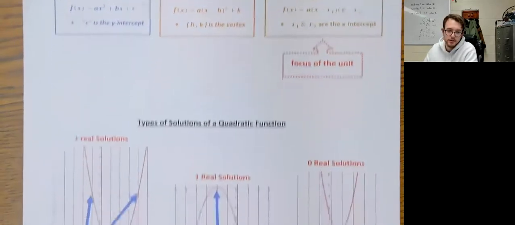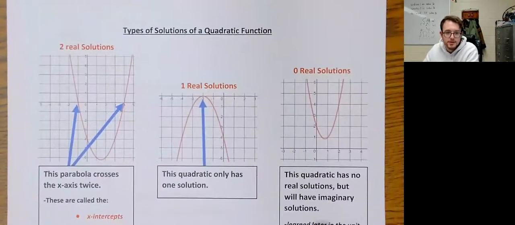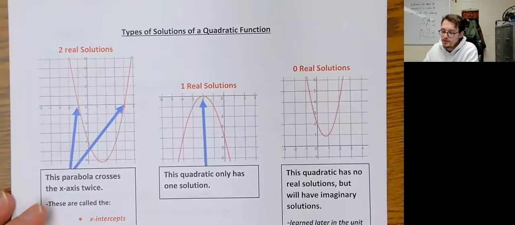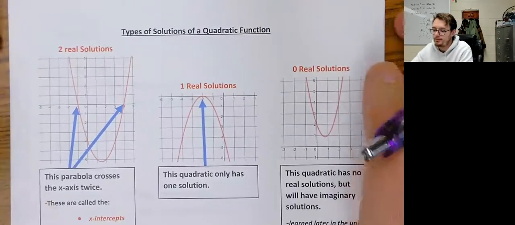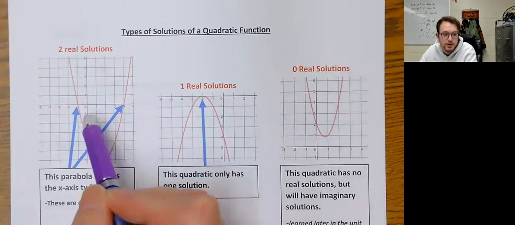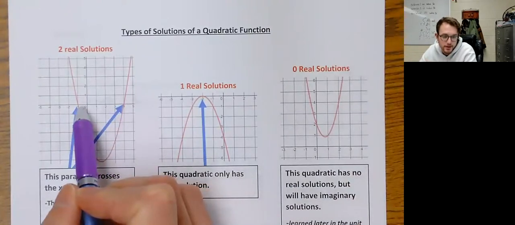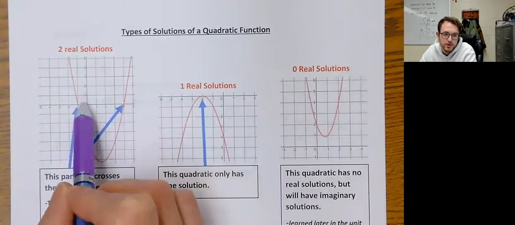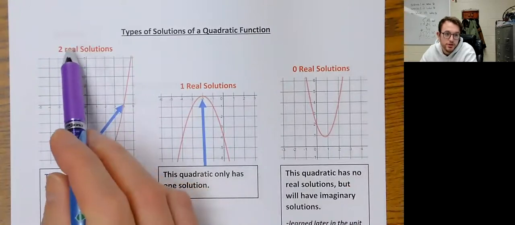So to get into this, what are solutions? I usually start the quadratics unit off in Algebra 2 by going through graphing first: x-intercepts, y-intercepts, the vertex, all that. Now, getting into solving a quadratic, solutions are the x-intercepts. There are two real solutions.